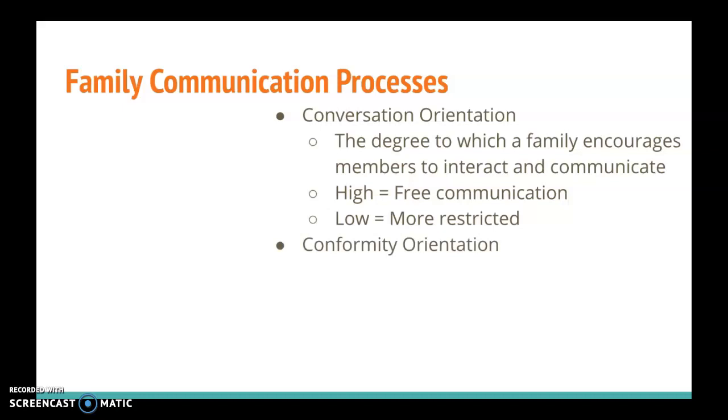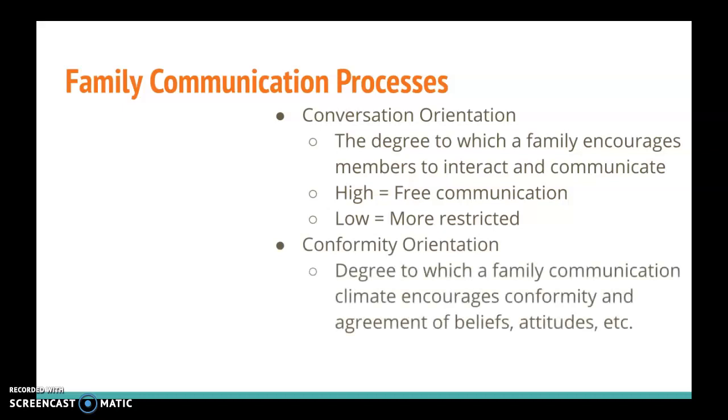A family also has a particular conformity orientation. The conformity orientation is determined by the degree to which a family communication climate encourages conformity and agreement of beliefs, attitudes, values, and behaviors. If a family is high in conformity orientation, this fosters a climate of uniformity.